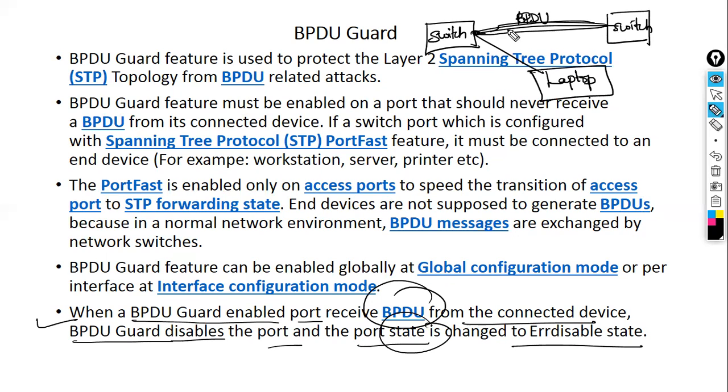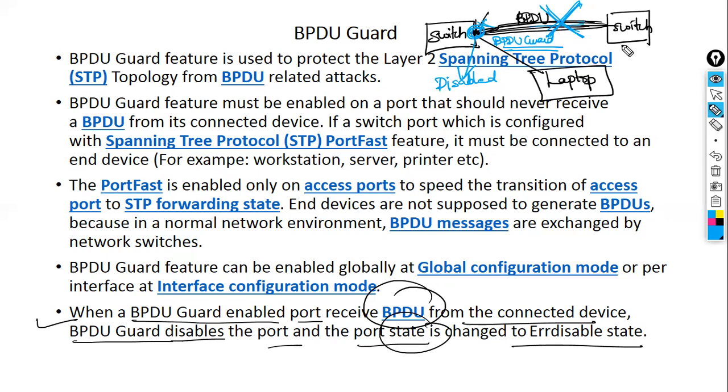So there's a loop between these switches. I want to avoid this, and I can enable the BPDU guard feature here, so that this port will go to error disabled automatically. This is going to shut down, and there will be no communication between these two switches.